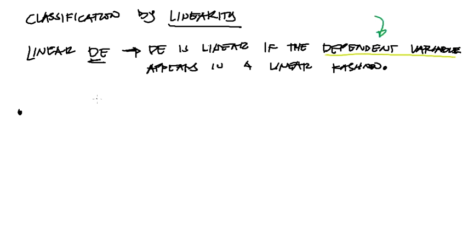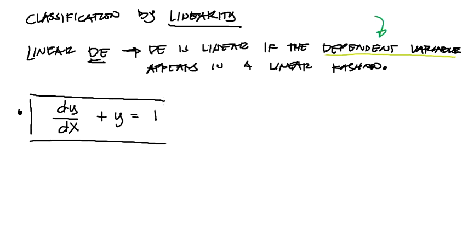When an equation, say we have dy over dx plus y is equal to 1, involves one or more derivatives, in this case we have only one derivative, with respect to a particular variable.